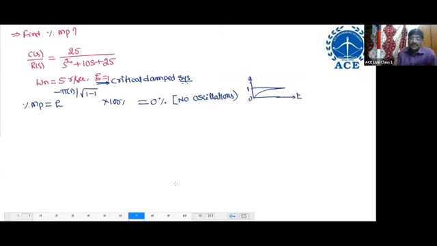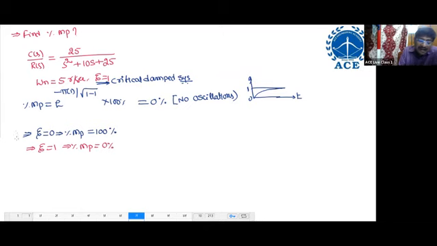What did you understand here? When zeta equals 0, we get percentage of MP as 100%. And in the same way, when zeta equals 1, we get percentage of MP as 0%.